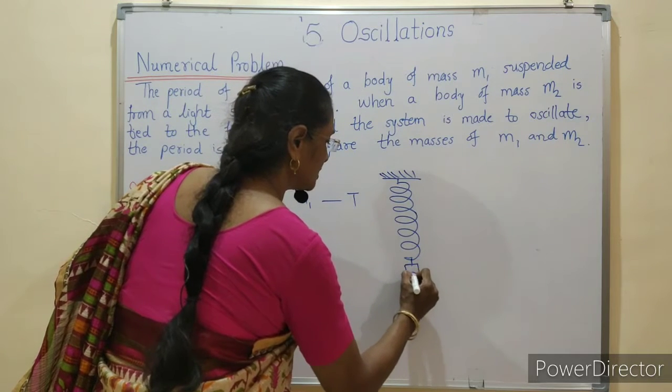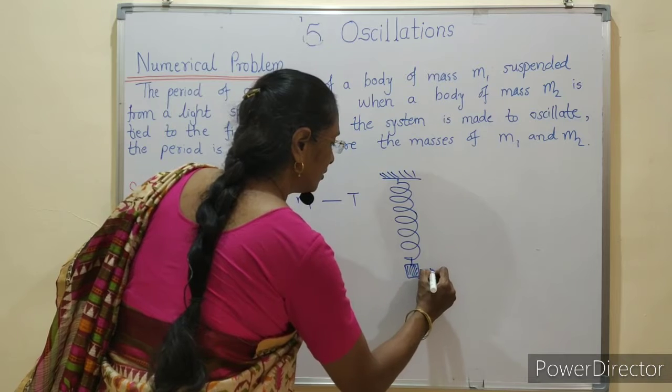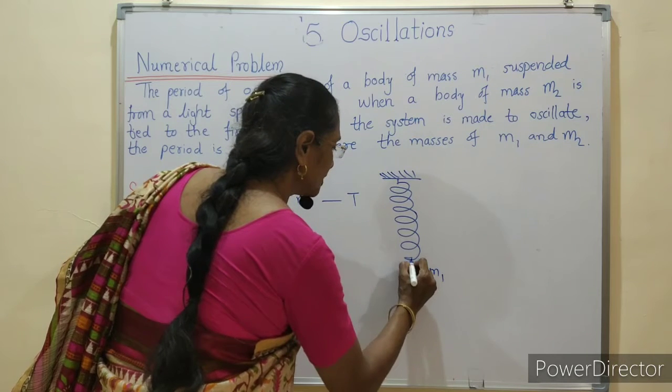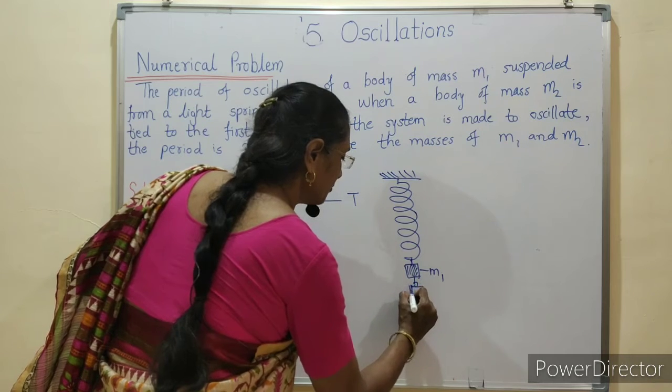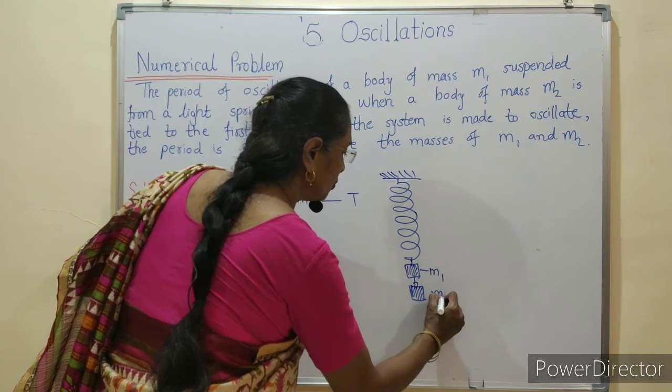Here the first mass is m1, and again to the first mass, a second mass m2 is attached.